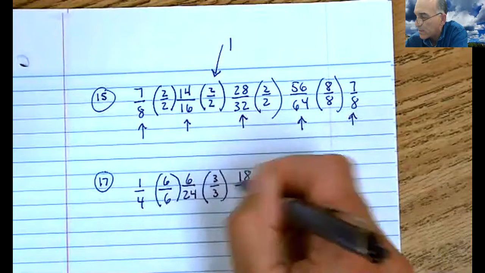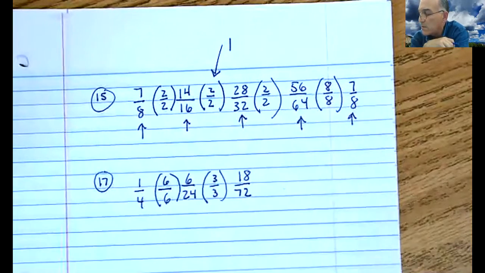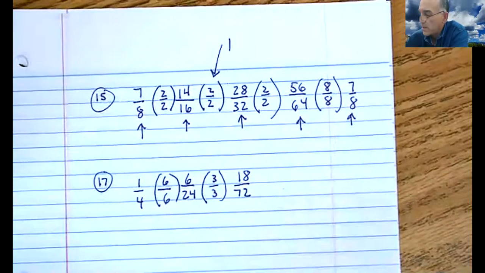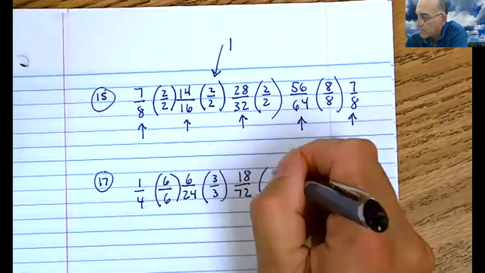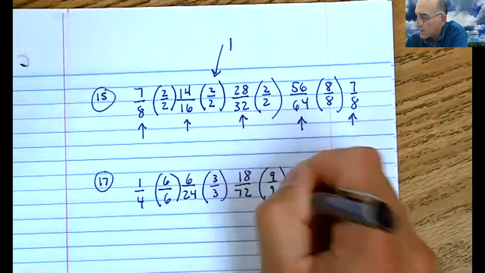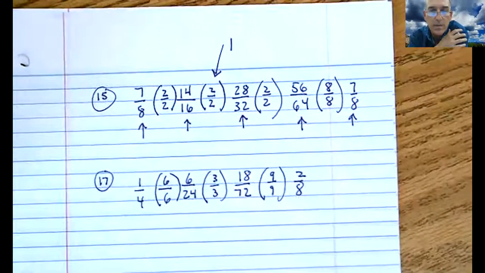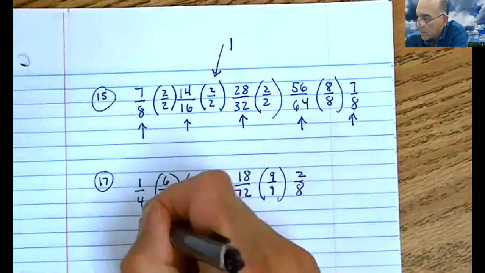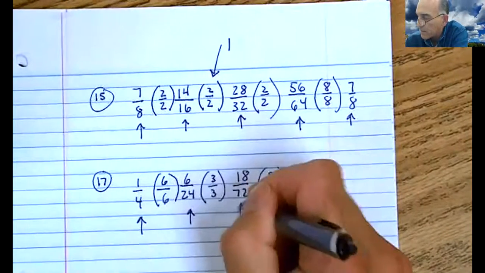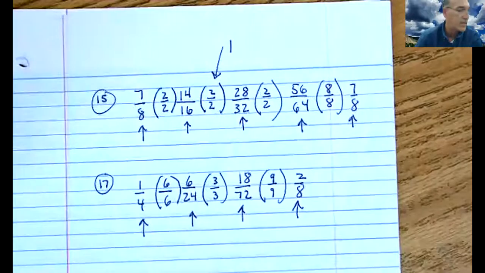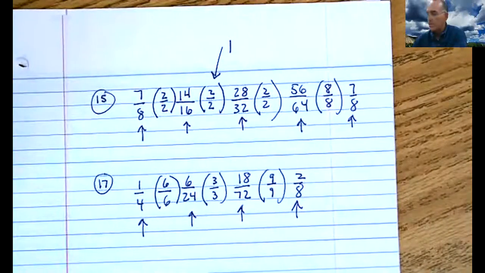Multiply here. What do I get? 72. I look at this and I could divide again. What do I get? 2/8. Is it 2/8? I'm working quickly. Do you see all the equivalent fractions? They're too easy. Let's pick another one.